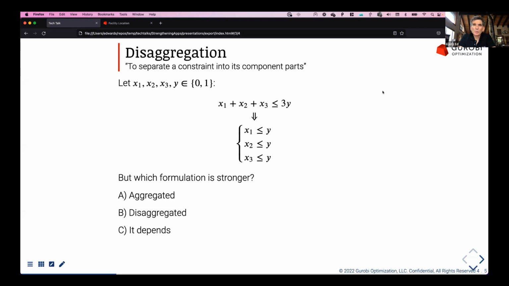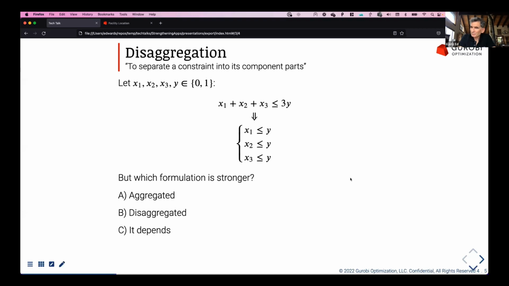Now, if somebody wants to denote strength in terms of performance, then they can pick it depends, because you're adding more constraints, so you may take longer to solve the node LPs. But I go with B.